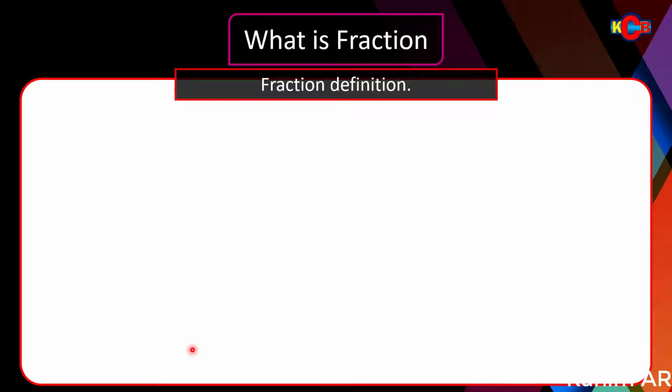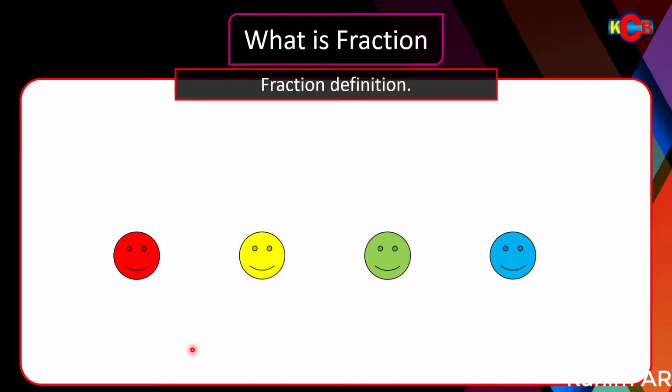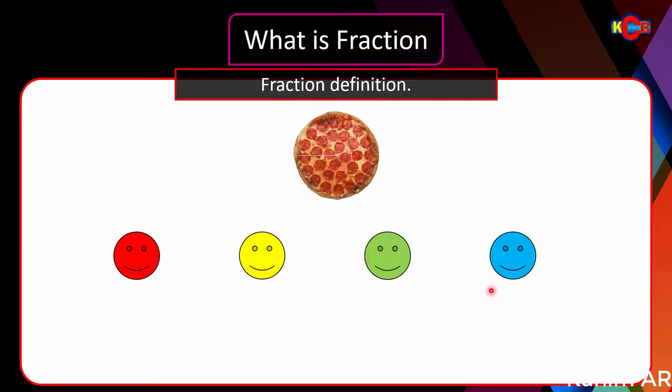Now, we will learn about the definition of the fraction. There are 4 people: Mr. Red, Mr. Yellow, Mr. Green, and Mr. Blue. Now, they have a pizza. Since there is only one pizza, the 4 of them have to share the pizza equally.